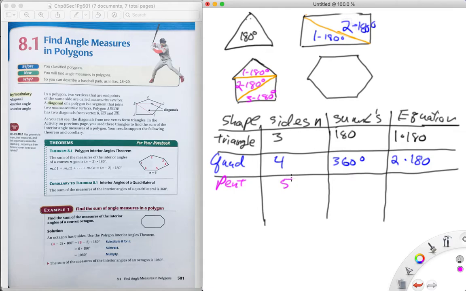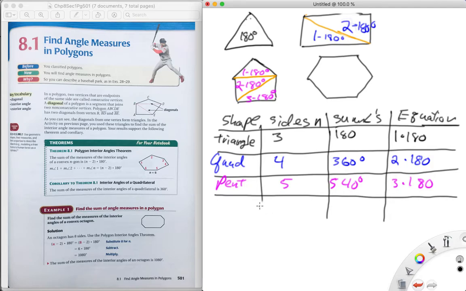And the sum of the interior angles of a pentagon is 540 degrees. And I could think of that as 3 triangles times 180 degrees to get the total sum. Hopefully you guys are starting to see a pattern here.